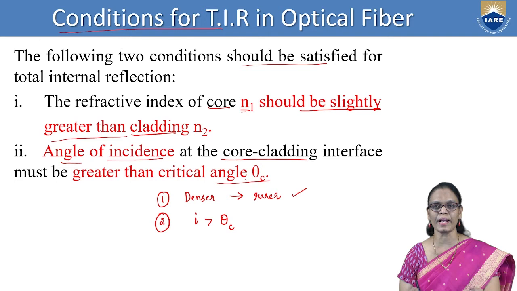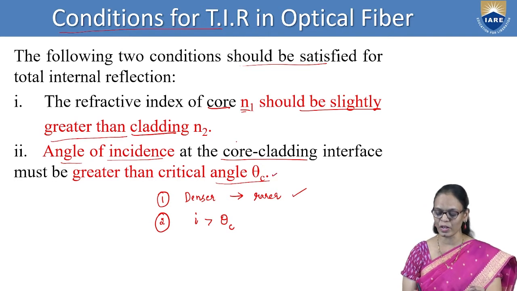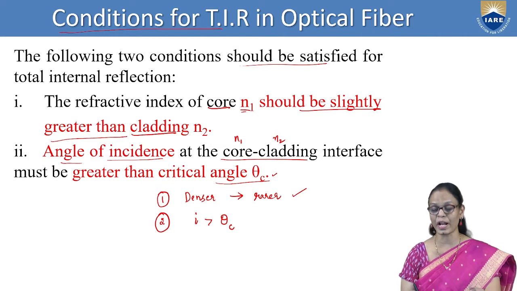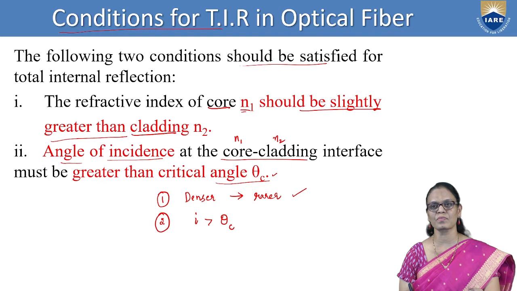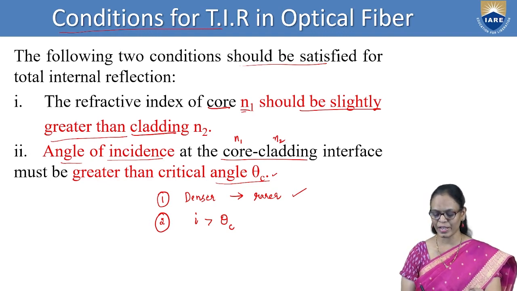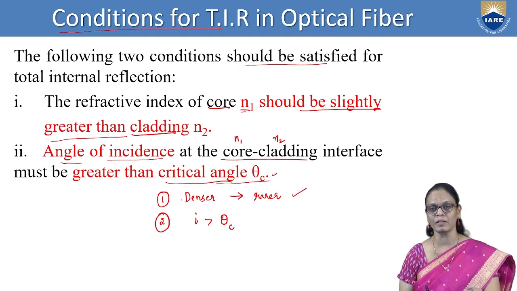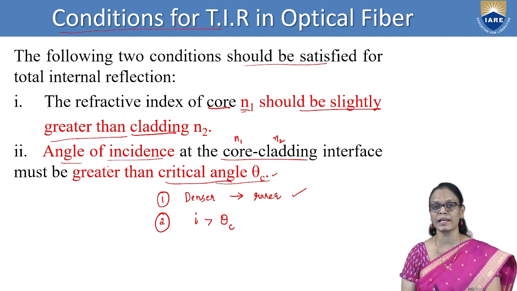So we can calculate the critical angle for those two particular refractive indices, the refractive index of the core denoted by N1 and the refractive index of the cladding denoted by N2. So for these materials, we can calculate the critical angle, and if the angle of incidence is greater than that critical angle, definitely there will be total internal reflection.